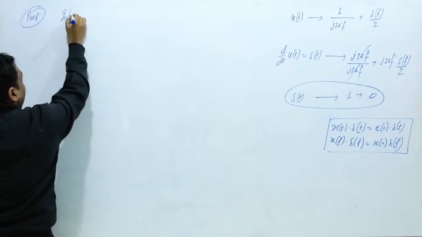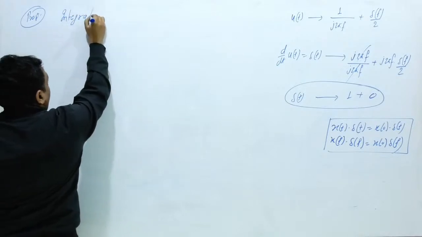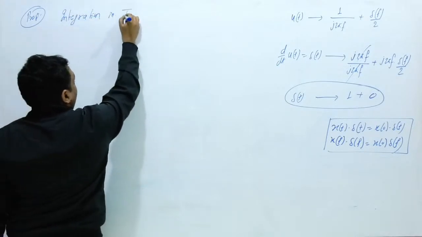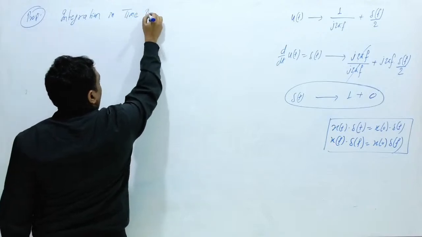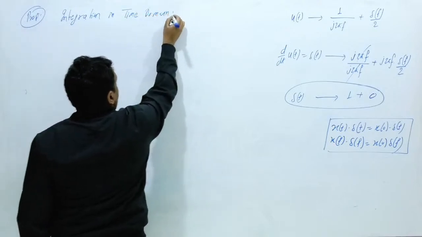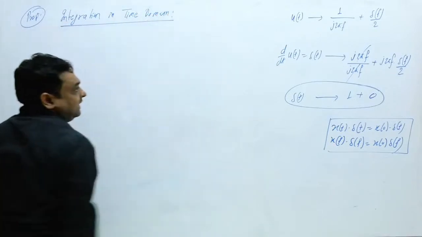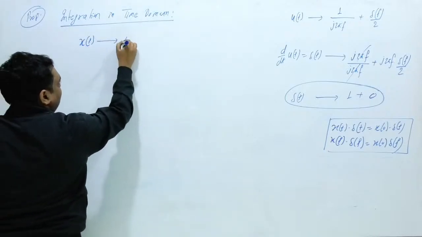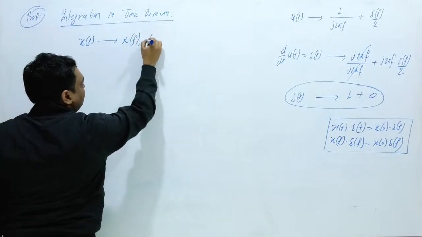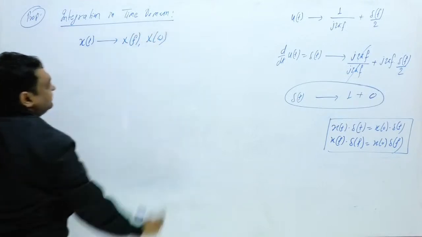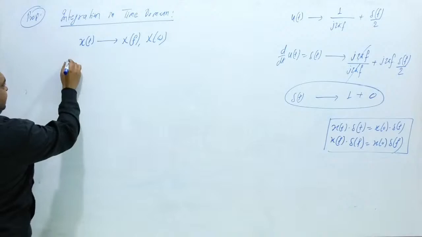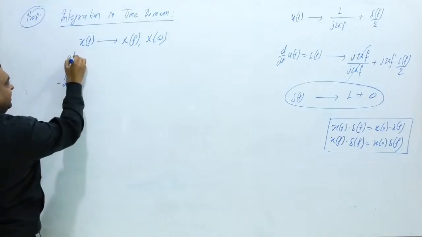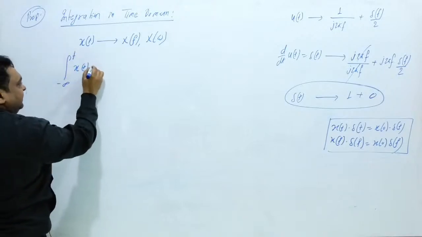Integration in time domain. If the Fourier transform of x(t) is either X(f) or X(omega), then what is the transform of the integration from minus infinity to t of x(t) dt?